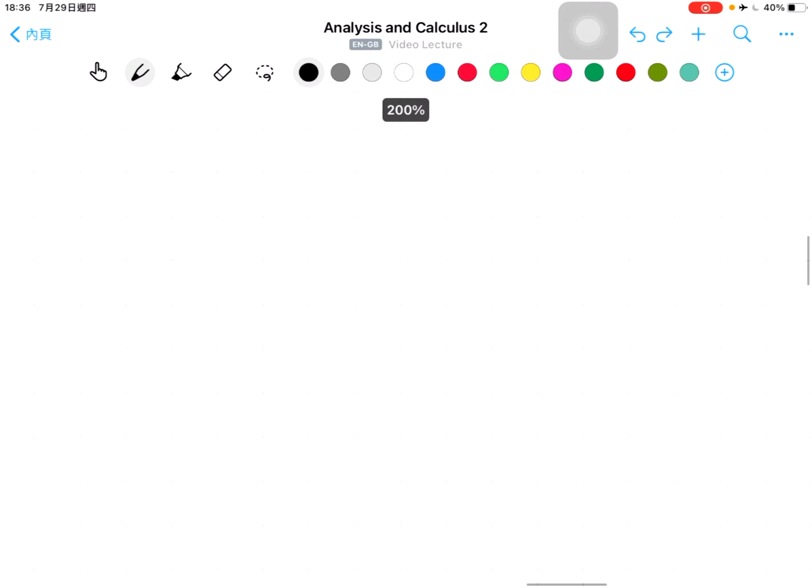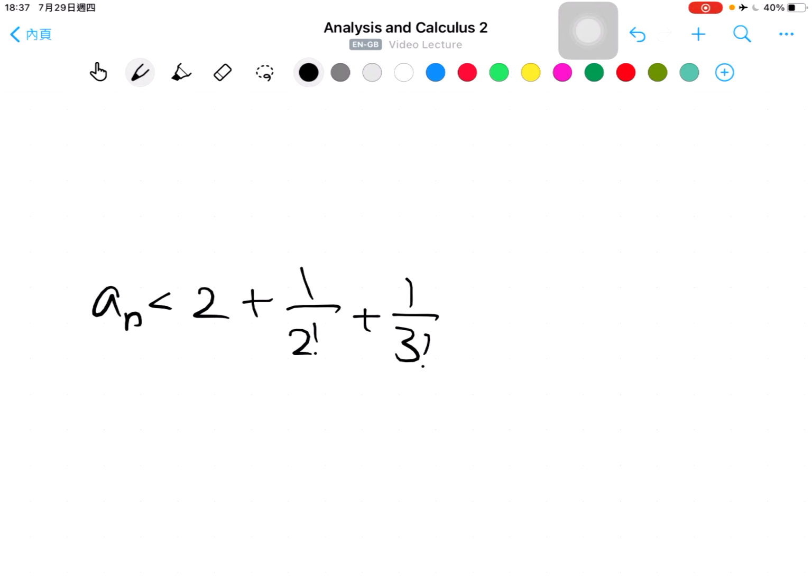So an is smaller than 2, the first term, plus 1 over 2 factorial, 1 over 3 factorial, and so on. I'm taking away all those factors with 1 minus something, so all the way to 1 over k factorial, and then all the way up to 1 over n factorial.